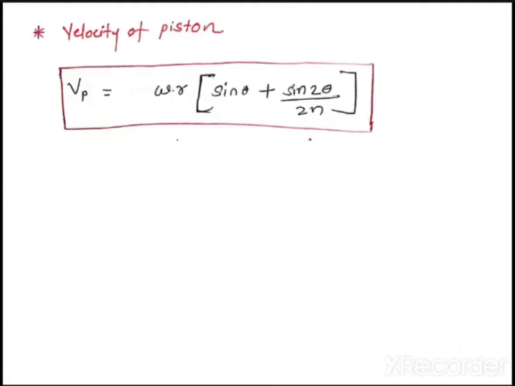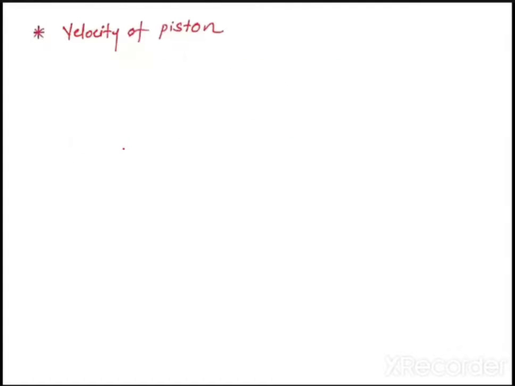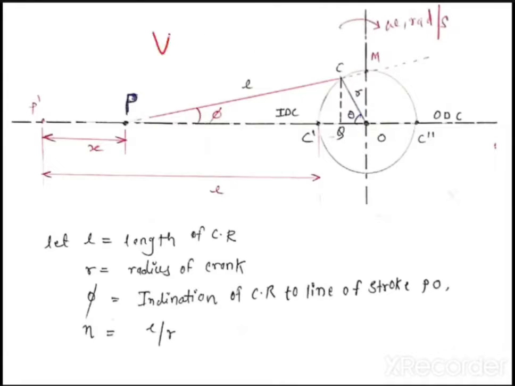So this velocity of piston is nothing but Vp. You can call it a linear velocity. This velocity is nothing but Vpo. Means what? First of all, you understand there is a relative motion.